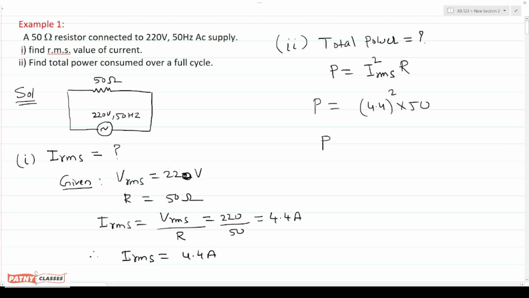So P equals to 19.36 multiplied by 50, which is equals to 968 watts. So power consumed over a full cycle equals to 968 watts.